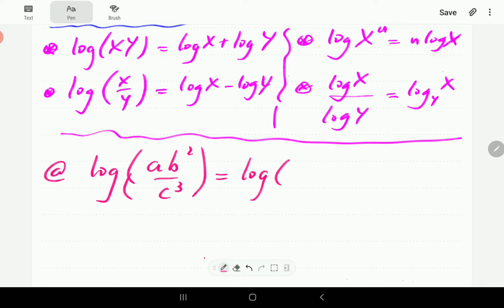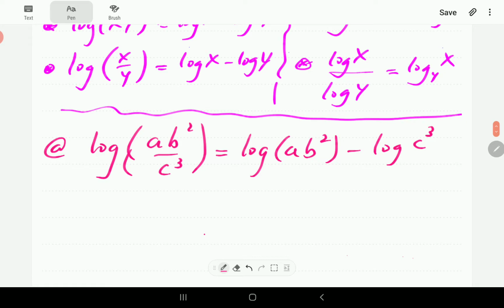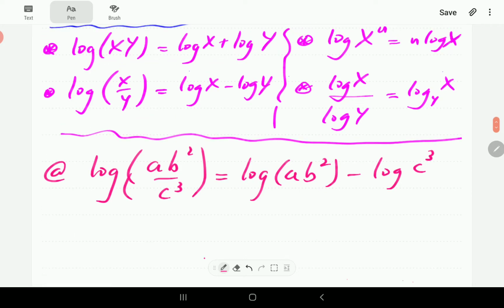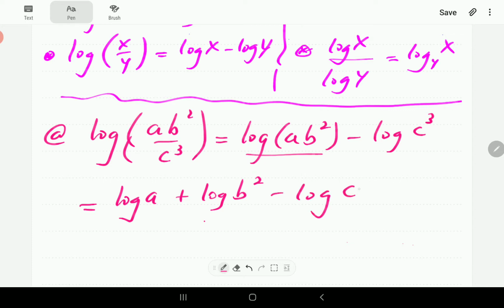So the numerator is ab squared, take away the denominator c cubed. Then in the first term, we can use the first property, which says the log of a product is the log of the first term plus the log of the second term. So log of ab squared is going to be log of a plus log of b squared, and then of course we've got minus log c cubed.